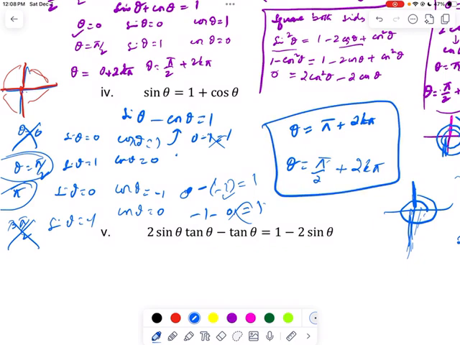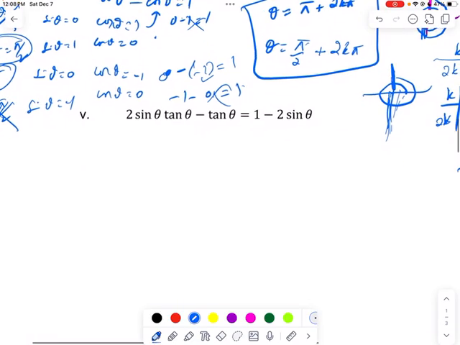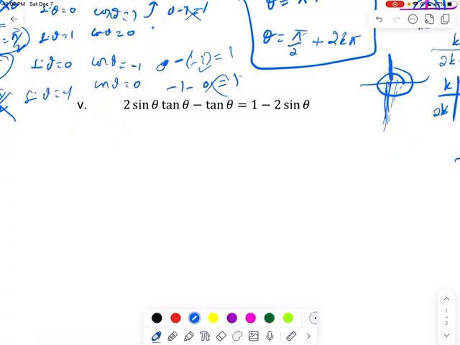Okay, so one more question, not exactly of this type, but a special kind. If you have something like this, now we have tangent in there and we have sine in there. The first thought that might come to your mind is to convert the tangent into sine theta over cosine theta, but please don't do that.